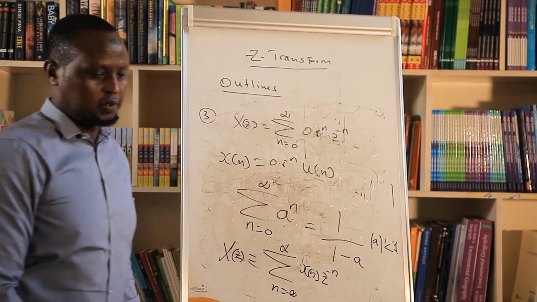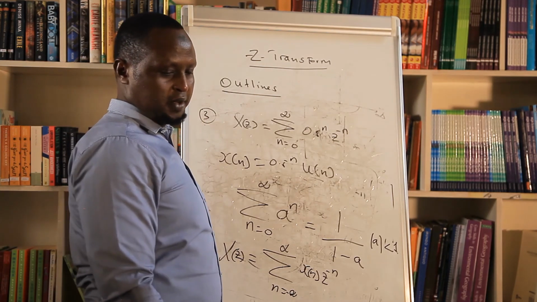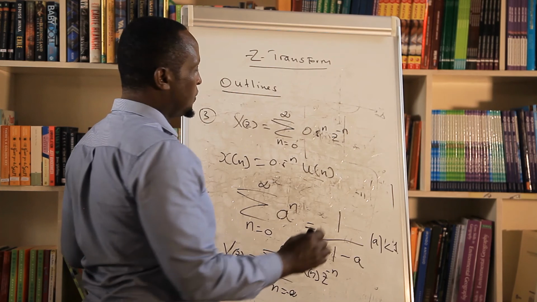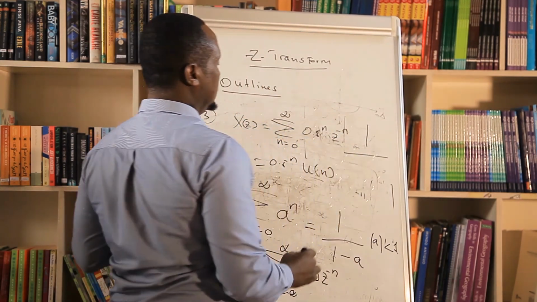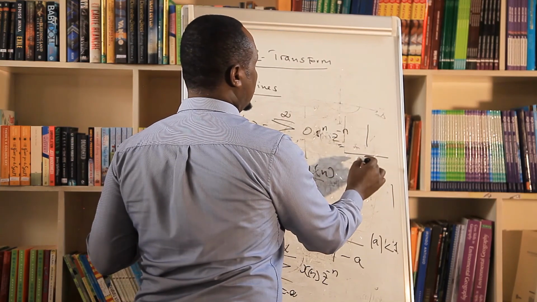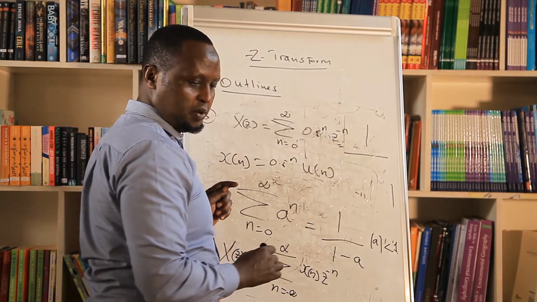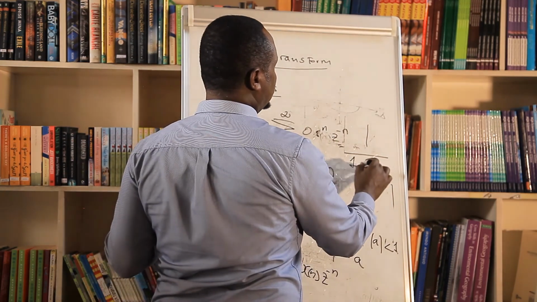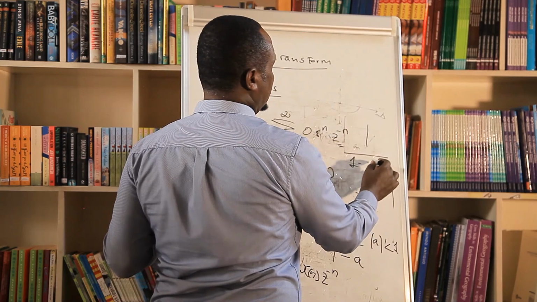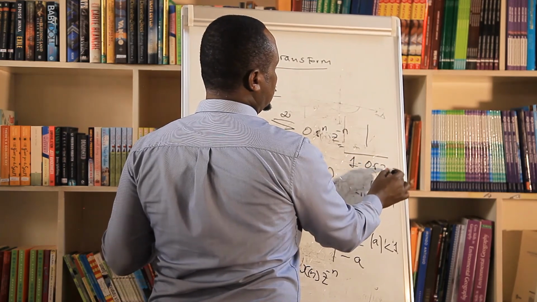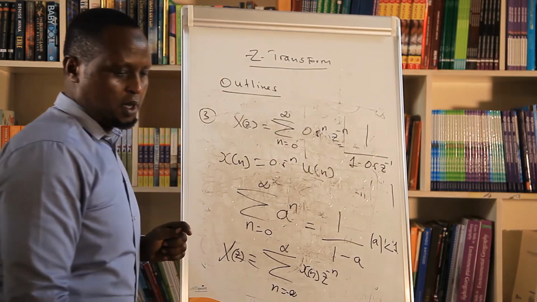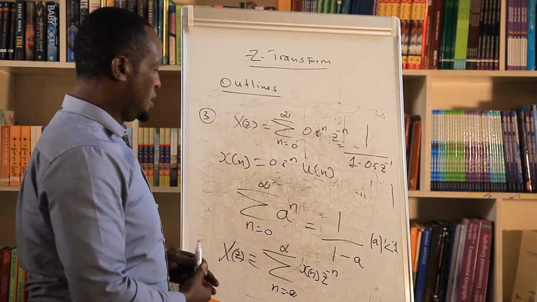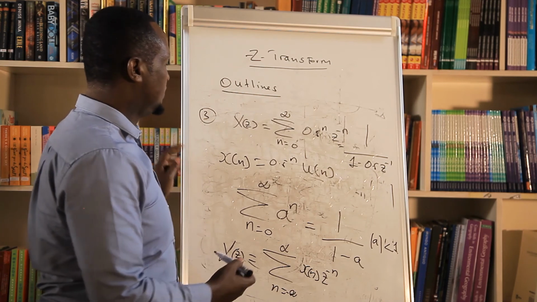And this is going to be nothing but 1 over, when you compare with the other formula, 1 over 1 minus 0.5 z power negative 1, which can be converted.